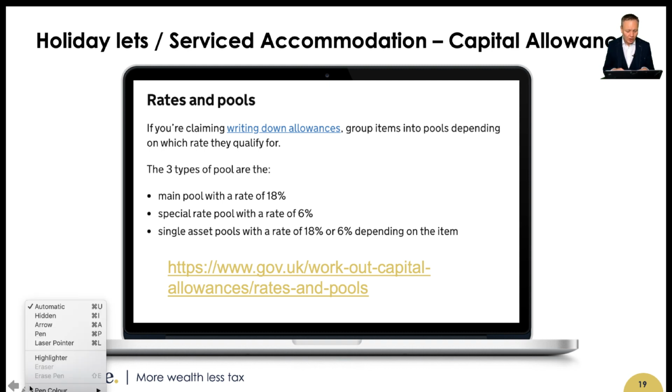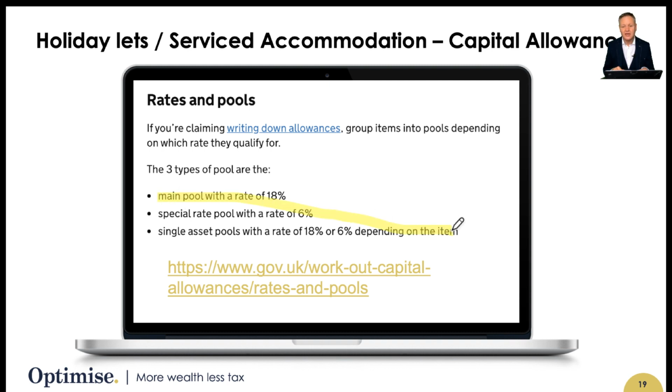But even if you can't get the annual investment allowance claim, you can get different rates. If you're not going to be claiming them in the year that you purchase and refurb the property, which is the annual investment allowance criteria, you can still claim capital allowances, but at a reduced rate. So you're getting the benefit over a number of years.